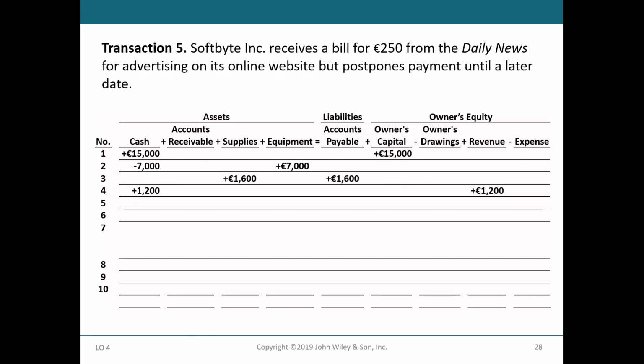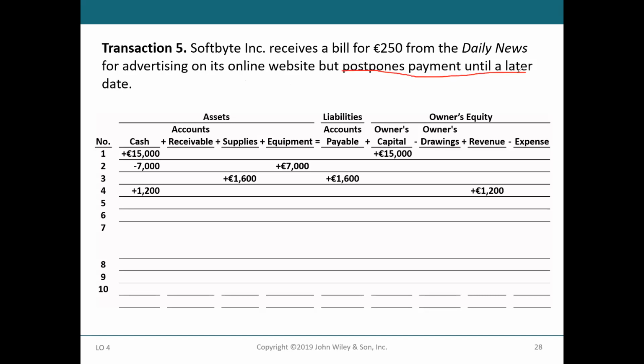Next is transaction number 5. SoftBite company received a bill for 250 from the Daily News for advertising on its online website, but postpones the payment until a later date. So what does it mean? The company received a bill from Daily News for $250. They are saying, please pay me $250 because I helped you advertise on an online website.